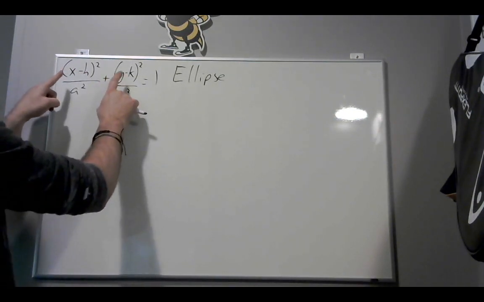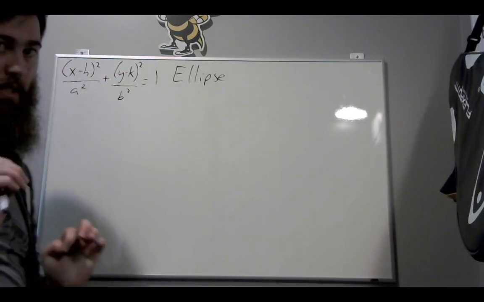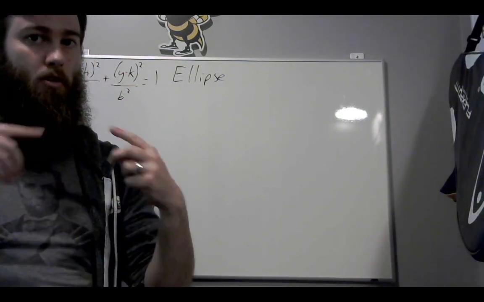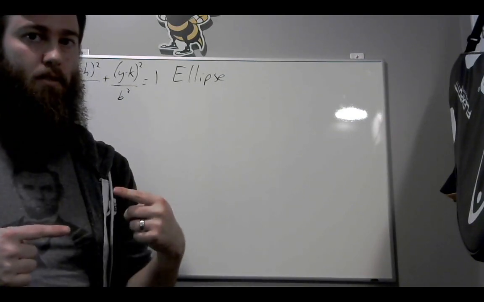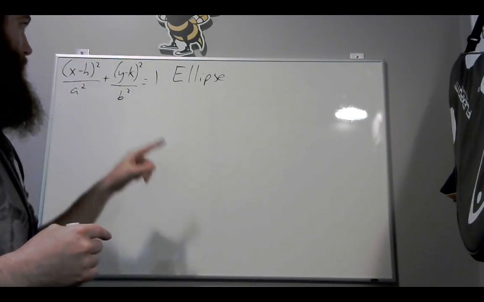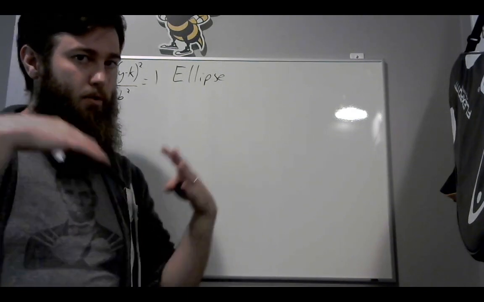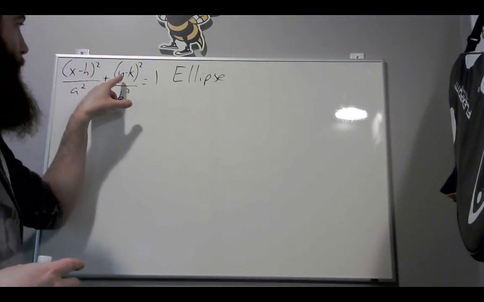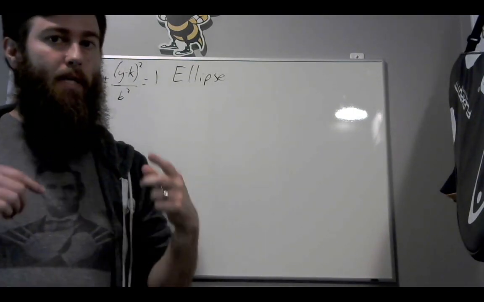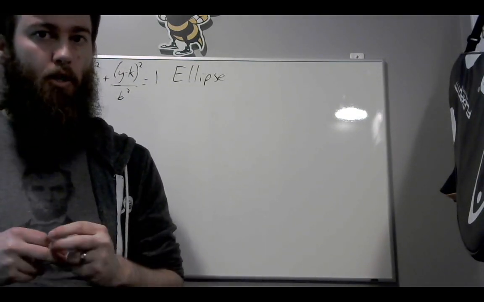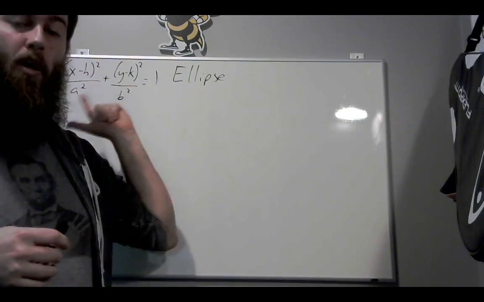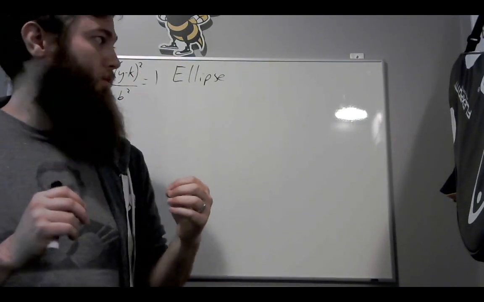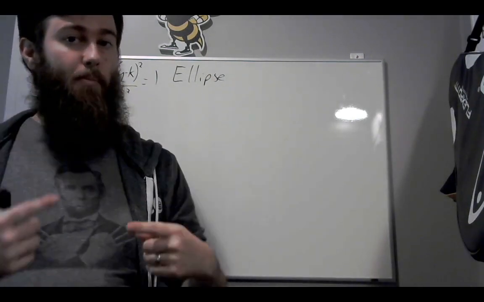And please note that we have built-in minuses in the equation, which means our center is always going to be the opposite. If my center was 3, 2, this would be an x minus 3 and a y minus 2. So again, the minus is built into the equation. Especially if you are ever given an equation and asked to pull out information, which we will do later, you need to remember it's going to be the opposite number.